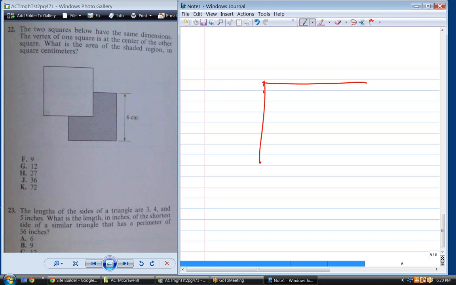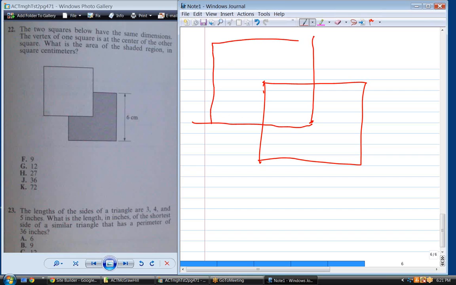There's my gray square. This vertex of this other square sits dead at the center there. We need the area of that.